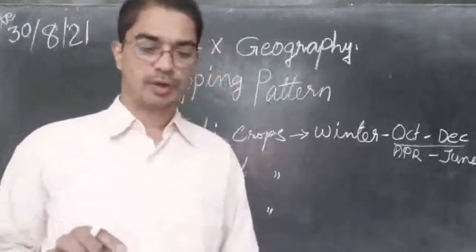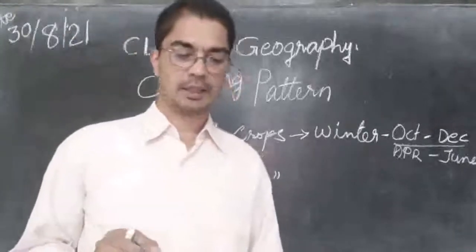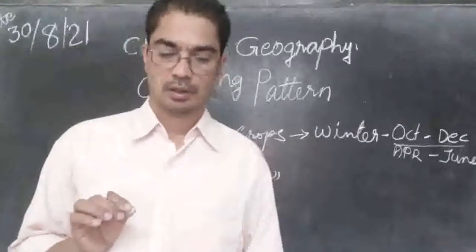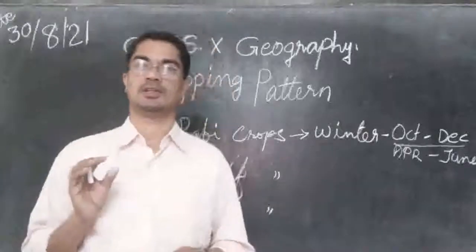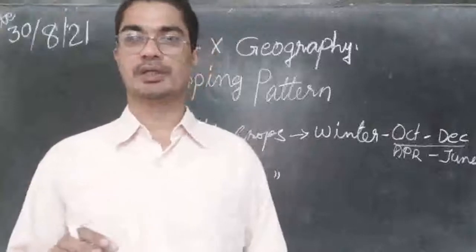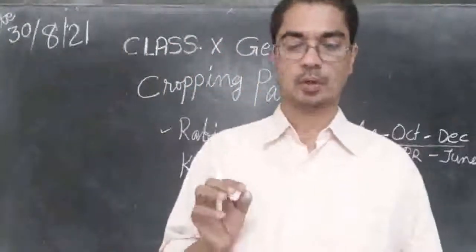Some of the important Rabi crops are wheat, barley, peas, gram, and mustard. So these are some of the important Rabi crops that are cultivated in our country. What are they? You can underline also. Wheat.